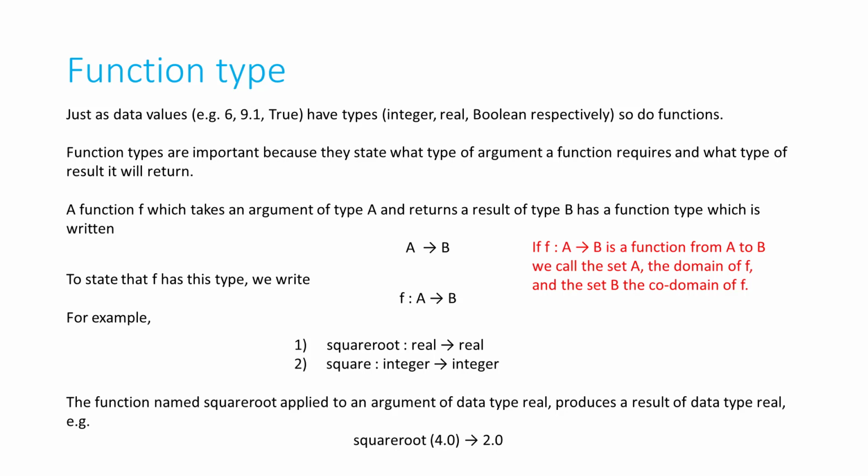So function types have a symbolic representation, which is indicated by specifying the set that the argument is drawn from, a right directed arrow, and then the set from which the result is drawn.